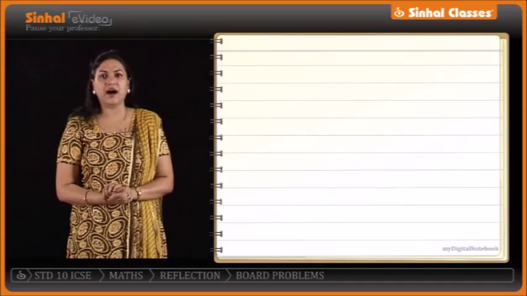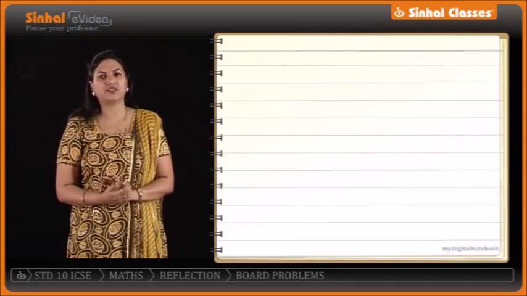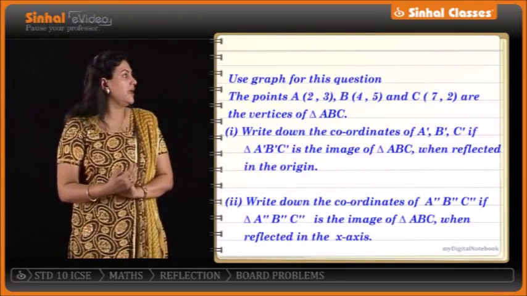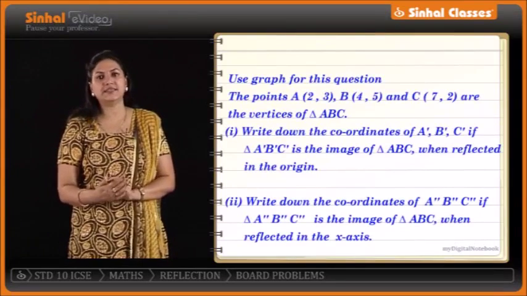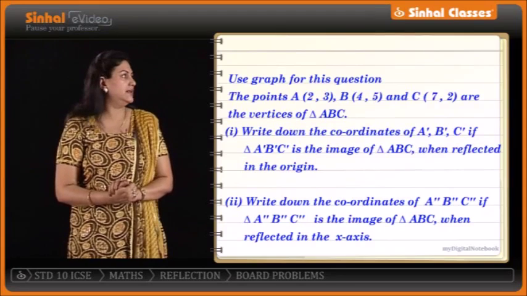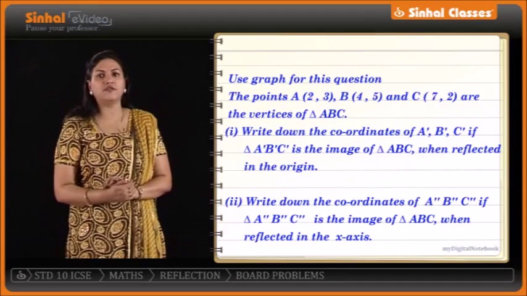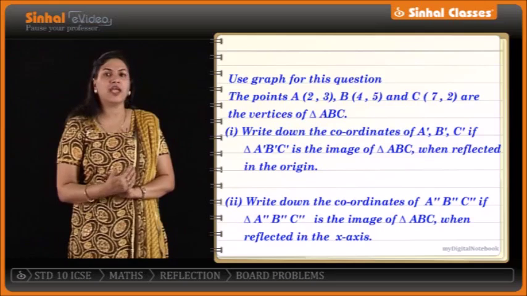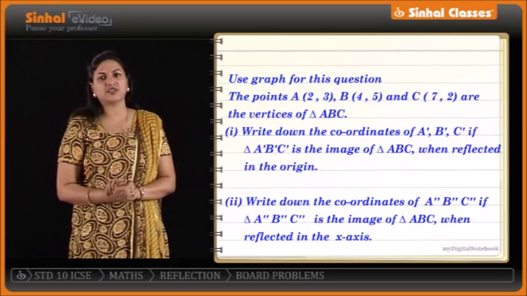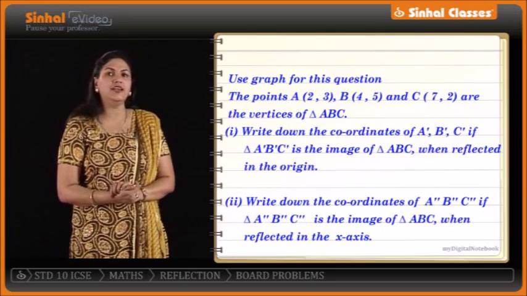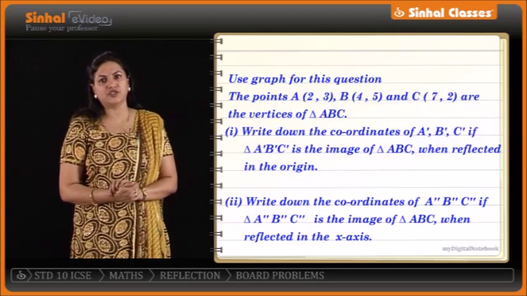Now let's take the March 2006 board question. Use graph paper for this question. The points A, B, C are the vertices of triangle ABC. Write down the coordinates of A dash, B dash, C dash, if triangle A dash, B dash, C dash is the image of triangle ABC when reflected in the origin.